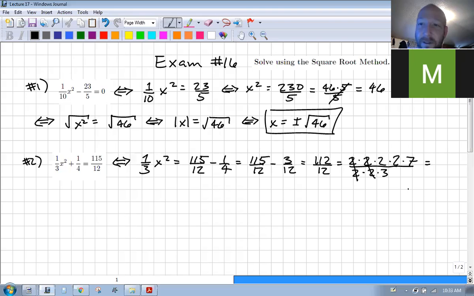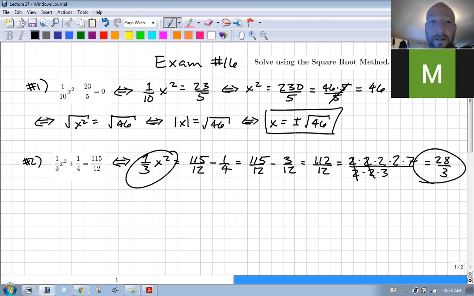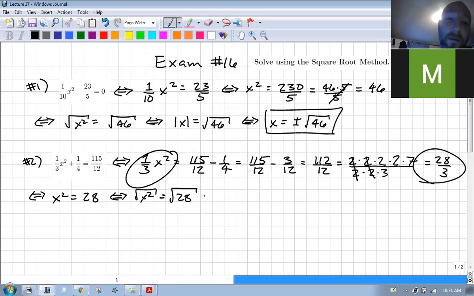So we are left with 7 times 2 is 14 times 2 is 28 over 3. So we have this equals this. So multiply both sides by 3. We have x squared is just 28. So the square root of x squared is the square root of 28. 28 is 2 times 14, which is 2 times 7.